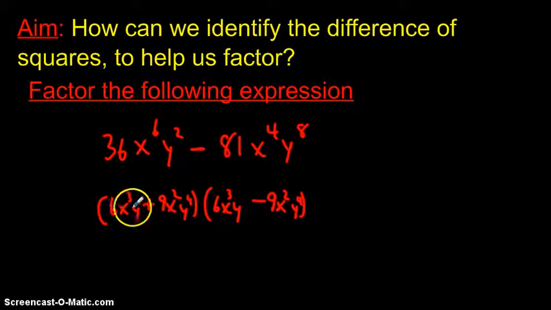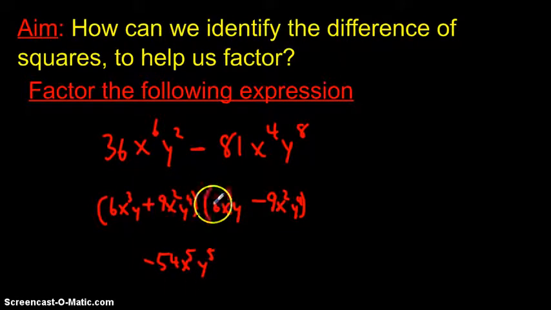Alright, so 6x to the 3rd y times 6x to the 3rd y will be 36x to the 6th y to the 2nd. And then we multiply 6x to the 3rd y times 9x squared y to the 4th. You actually get negative 54x to the 5th y to the 5th.